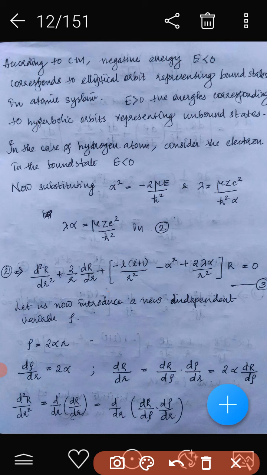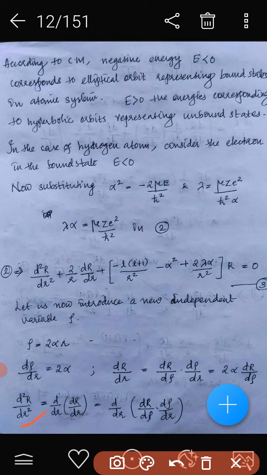Let us now introduce a new independent variable rho, that is rho is equal to 2 alpha r. Then d rho by dr is equal to 2 alpha. Then dR by dr can be written as dR by d rho into d rho by dr, but d rho by dr is 2 alpha, so this is 2 alpha into dR by d rho.